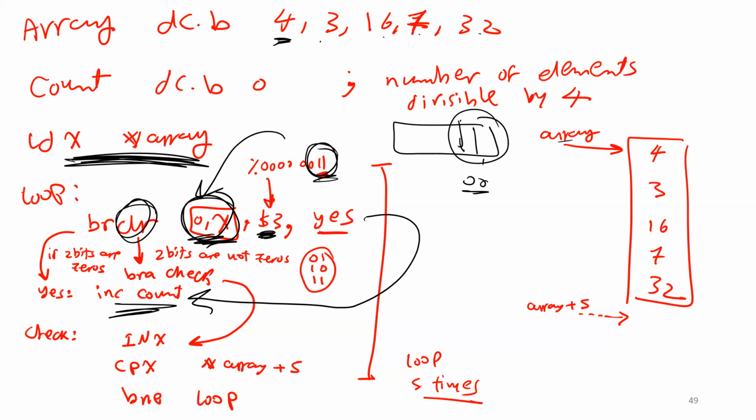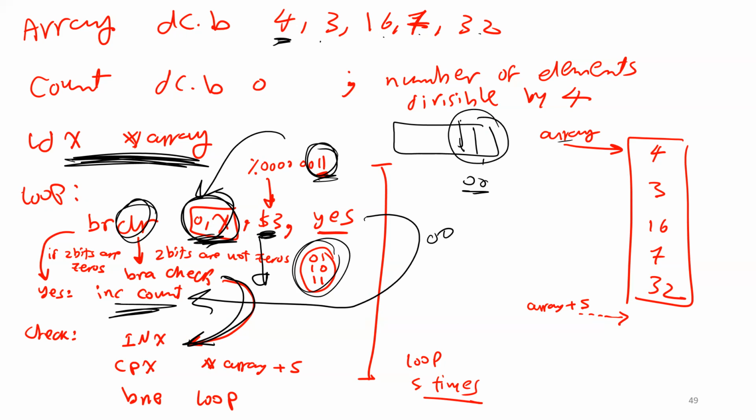If the branch is not taken and I came this way, I have to skip the counter here. So what's going to happen, guys? In case of 0, 0, this branch is going to be taken. In any other case, very important. Here, branch if clear. Here I decide which 2 bits you want to check. If these 2 bits are 0, 0, the branch will be taken to here.